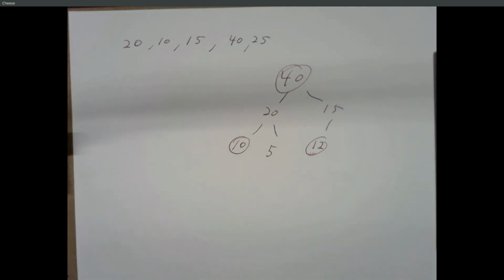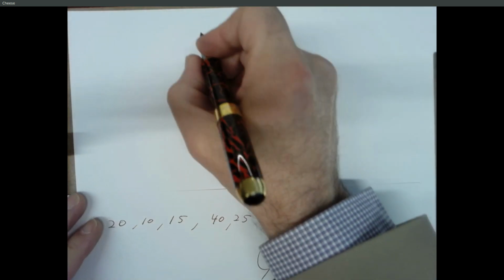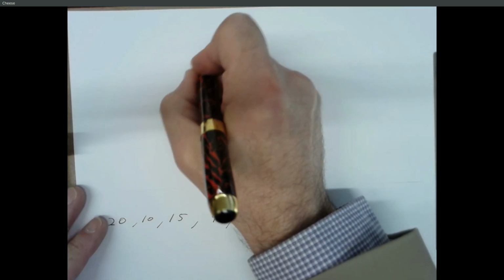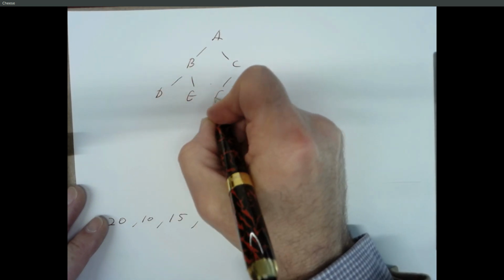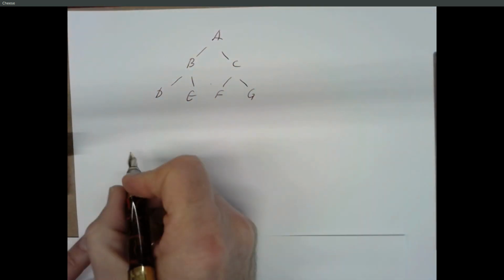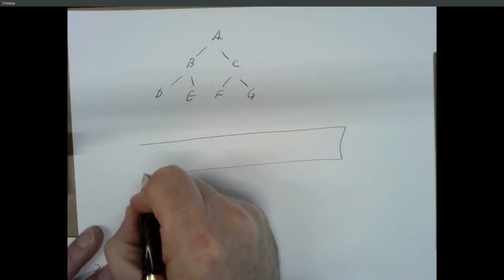So we're actually going to go back to implementing these things with arrays. And it's going to come out really beautiful. So suppose we have a heap like this, and suppose I store these in an array.